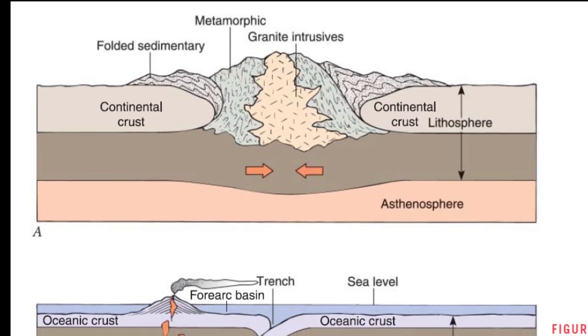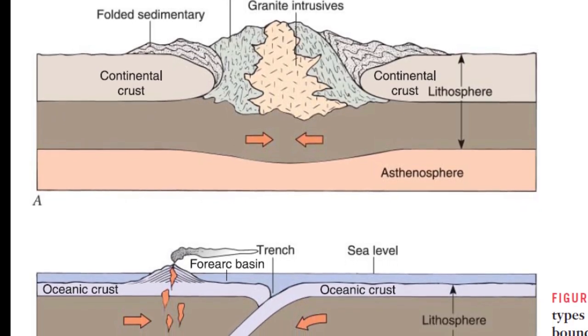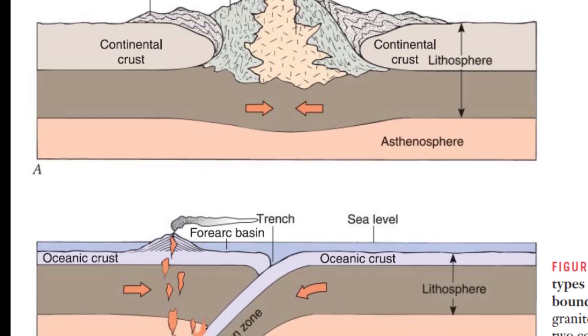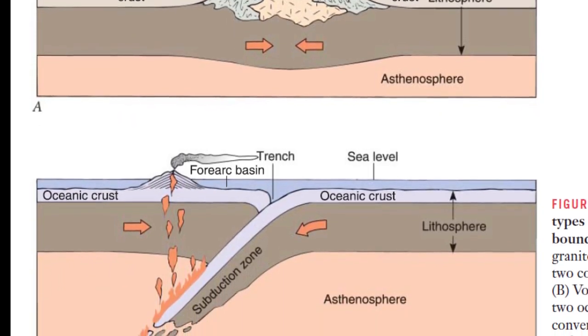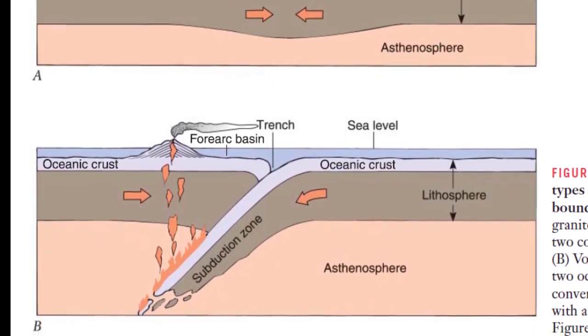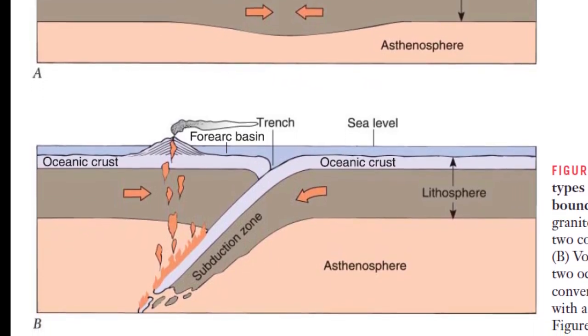If two continental crust pieces get pushed together, they force each other up, which is how the Himalayan mountains formed. The opposite, ocean crust pushing on ocean crust, results in deep ocean trenches.